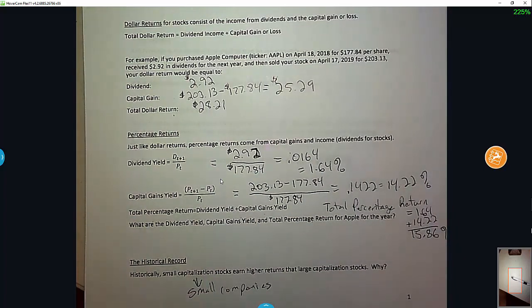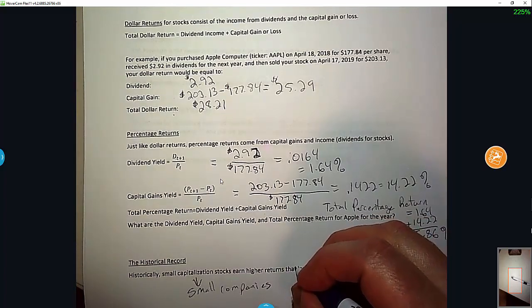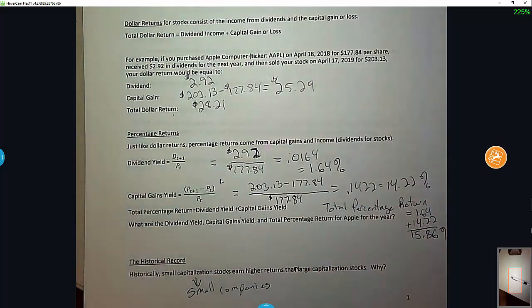So small capitalization stocks are companies that aren't very large. And so small capitalization stocks historically earn higher returns, and I apologize, that should say than, not that, than large capitalization stocks. Let me just show you an example of this.